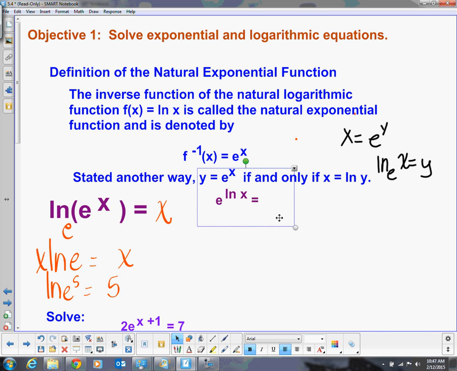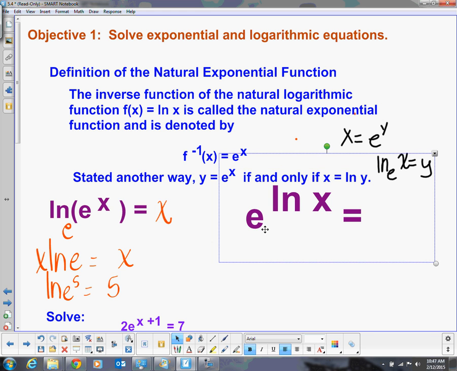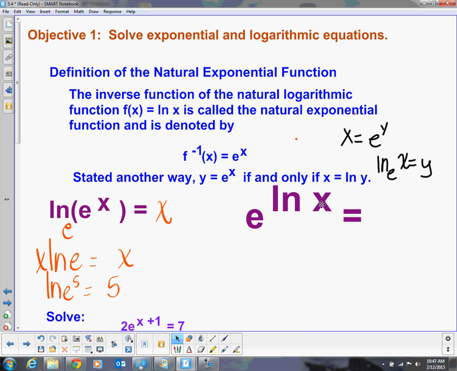Now this is different. This is saying if you raise e to the ln x, what do you get? We don't know, do we? So let's do a question mark. This is exponential form, so I'm going to put this in logarithmic form. Natural log base e of our answer is equal to our exponent.